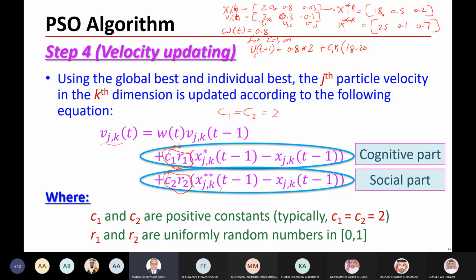So 18 minus 20, plus C2 R2 multiplied by X double star, which is 25, minus the current position, which is 20. Okay, so this one is in the dimension of k. This one would be in the dimension of the first gene or the first parameter.